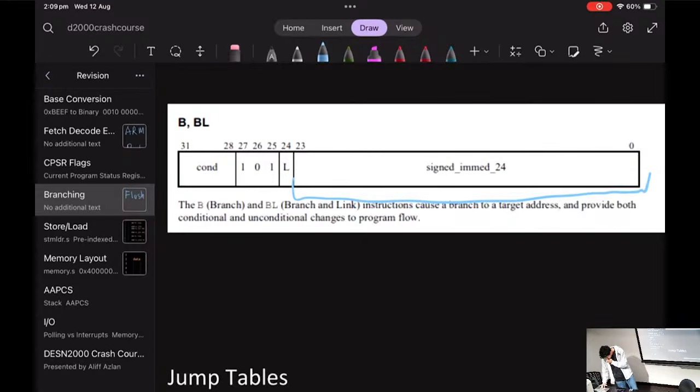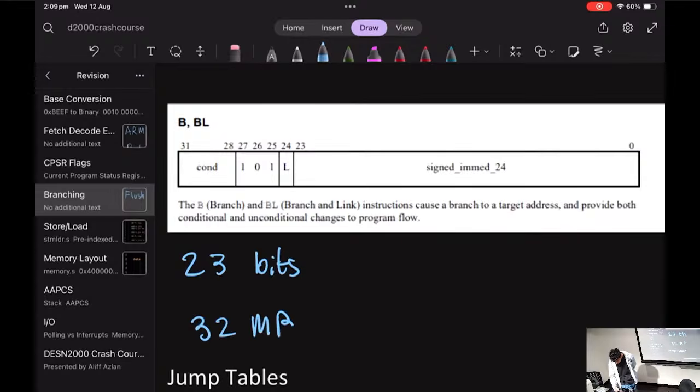With this, we only have 24 bits, right? So 24 bits to play with. Oh, sorry, 23 bits to play with, right? And if you actually look into the data sheet, it says the maximum size we can jump is actually 32 megabytes, right?